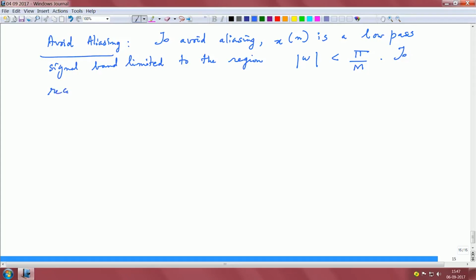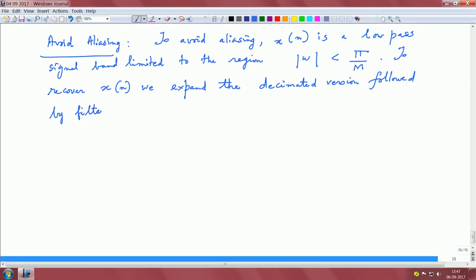To recover x[n], we expand the decimated version followed by filtering, and this is a very important step, 2 steps to follow. Because you downsampled, you are stretching.